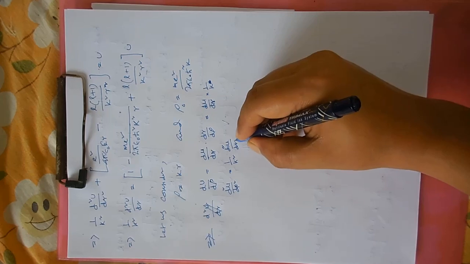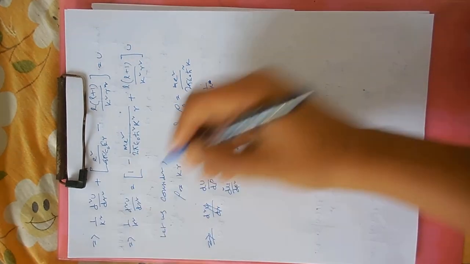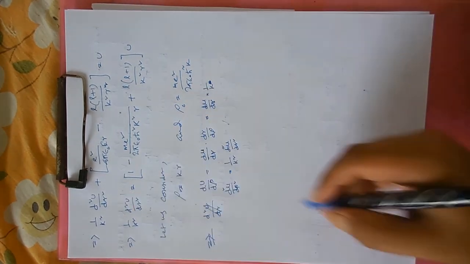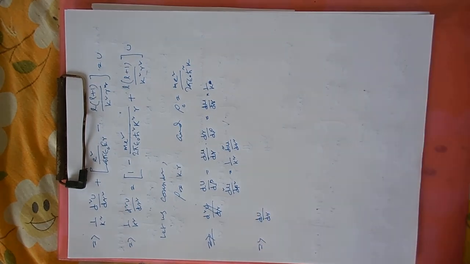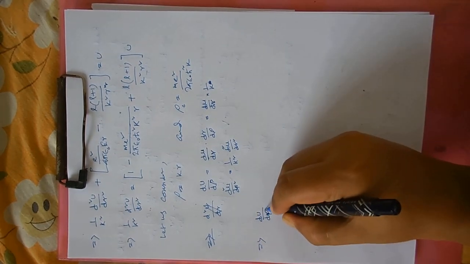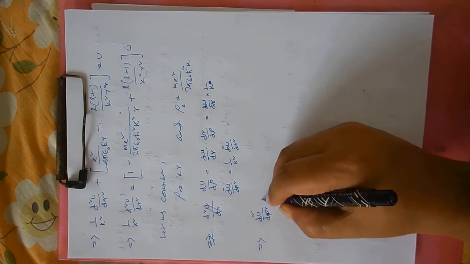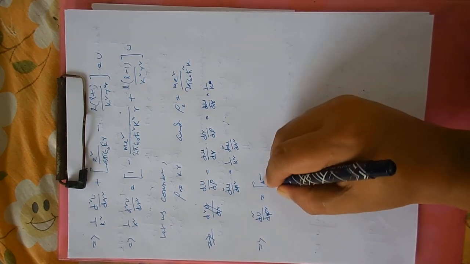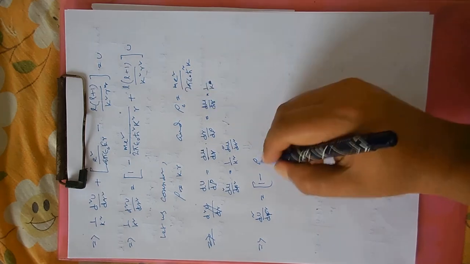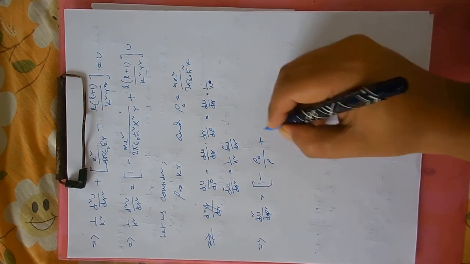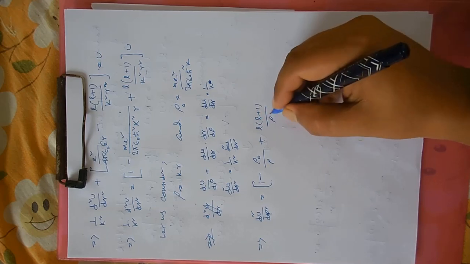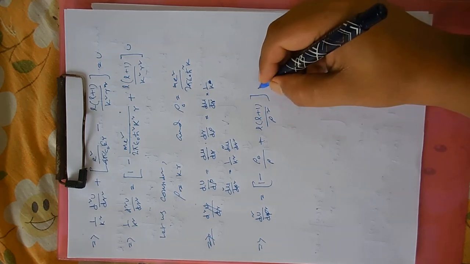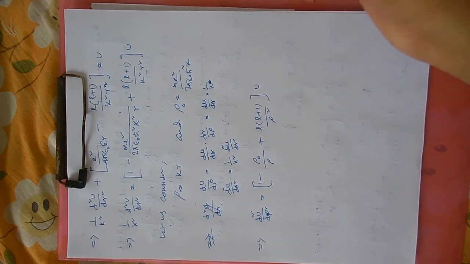Now you replace the thing: d2u by d rho square equals 1 minus rho 0 by rho plus n into n plus 1 by rho square, times u. Just be careful when you replace.